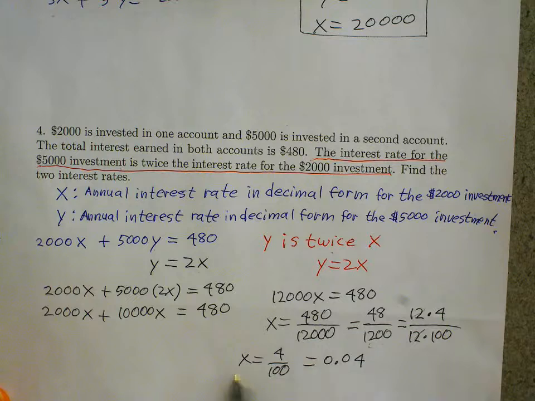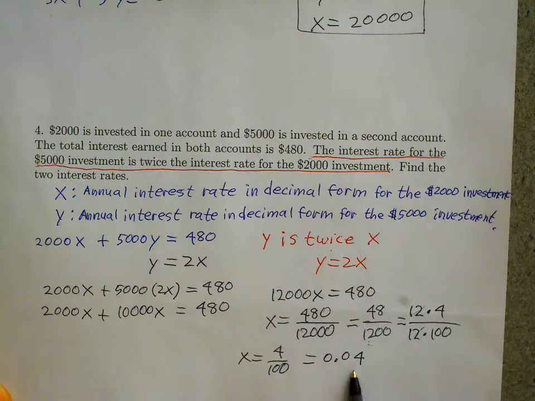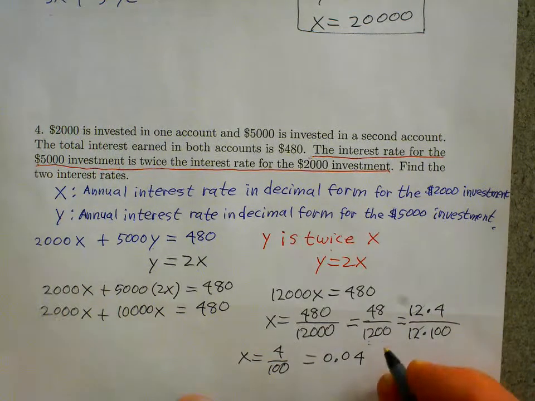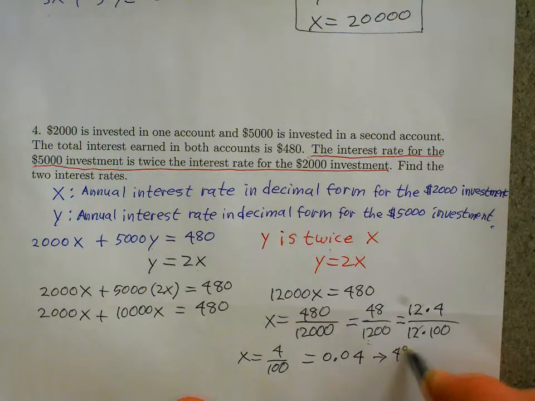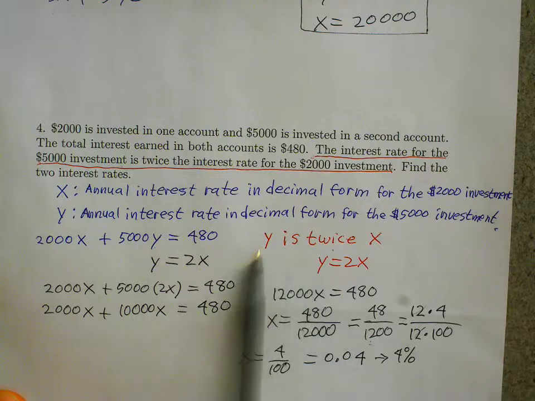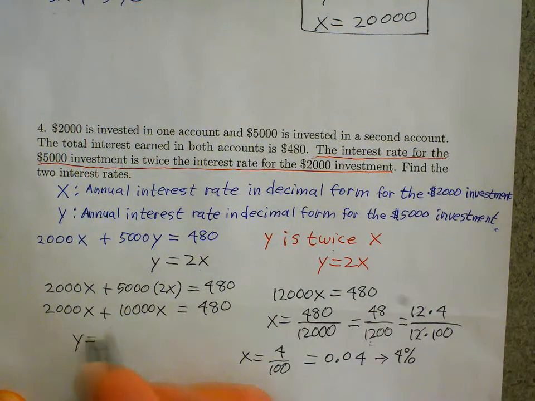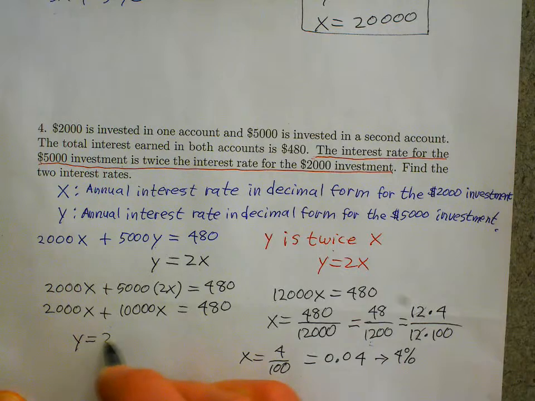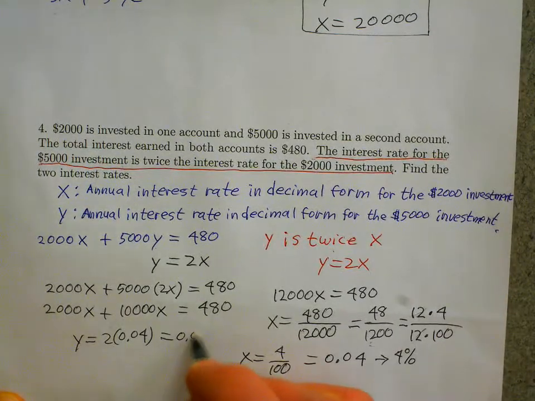Okay, so we can say that the annual interest rate for the $2,000 investment is 4%. When we convert this decimal to a percentage, it's 4%. And the other interest rate is 2 times that. So y equals 2 times 0.04, which is 0.08.